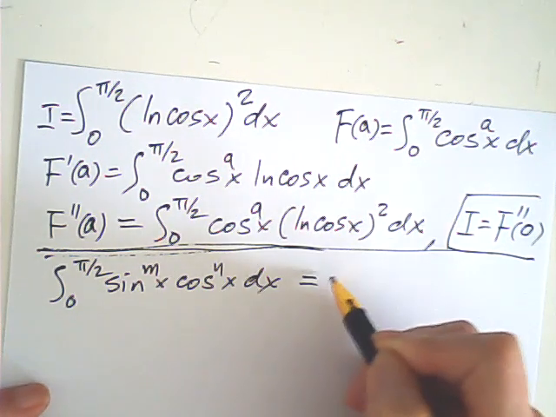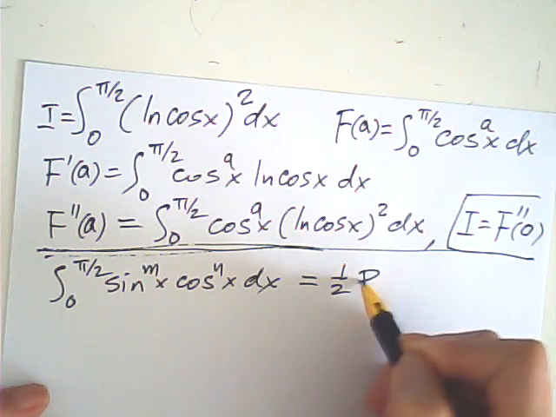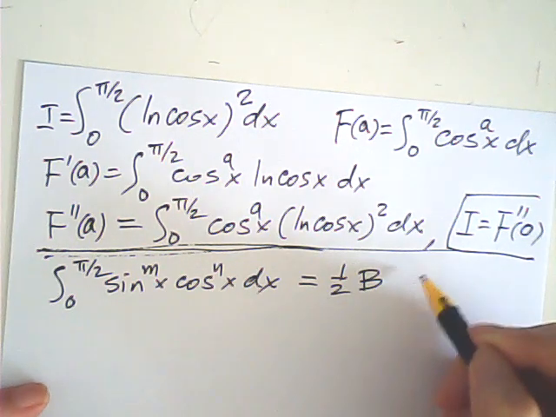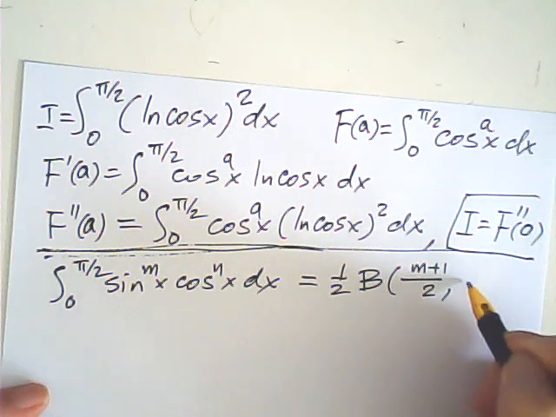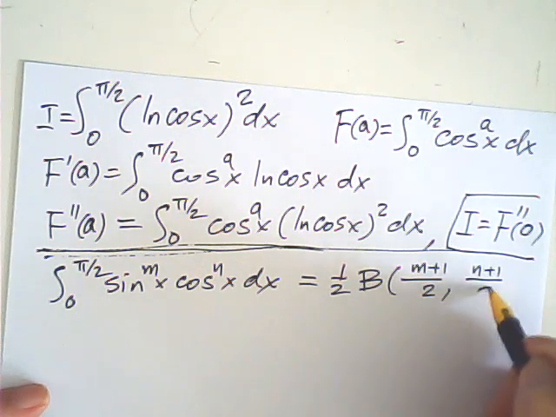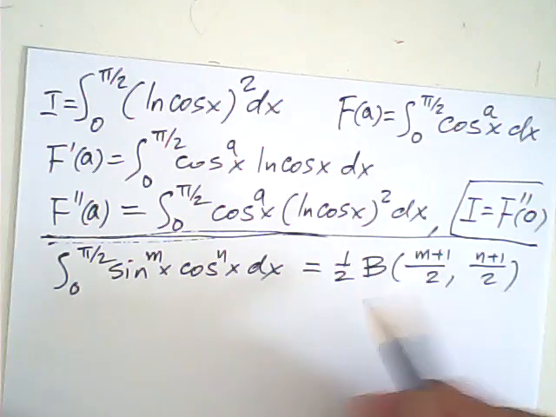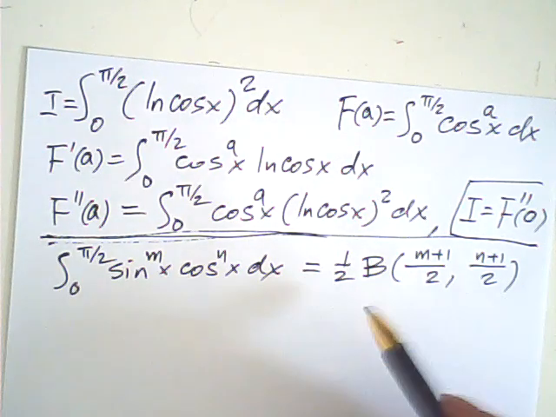This integral is equal to 1/2 beta function of m plus 1 over 2, n plus 1 over 2. Okay, that is a beta function.